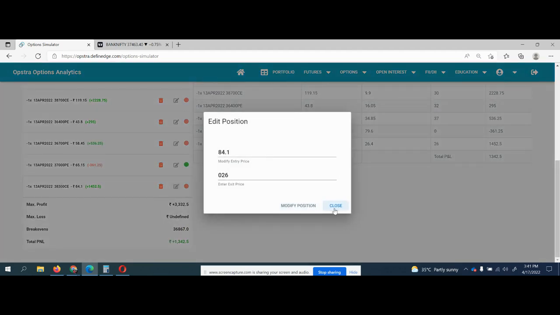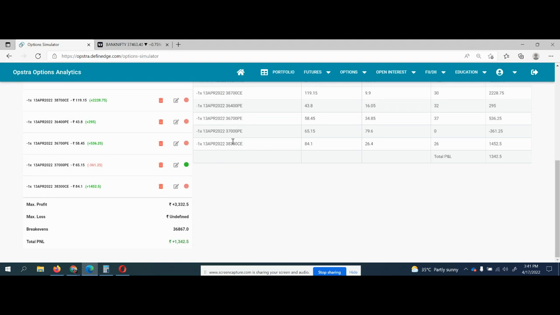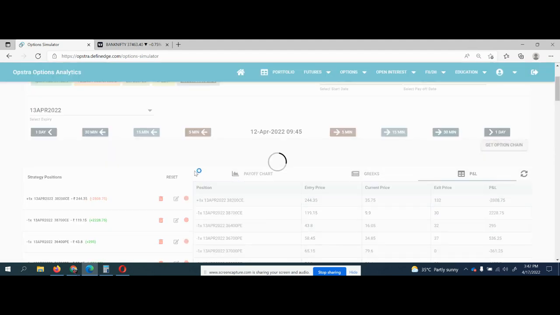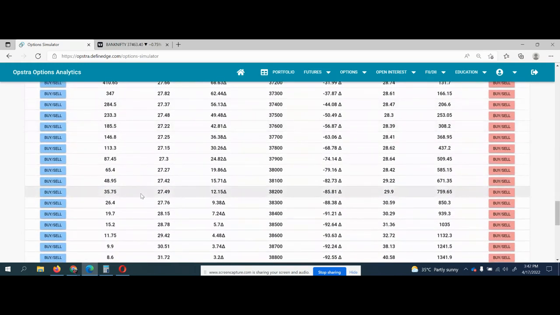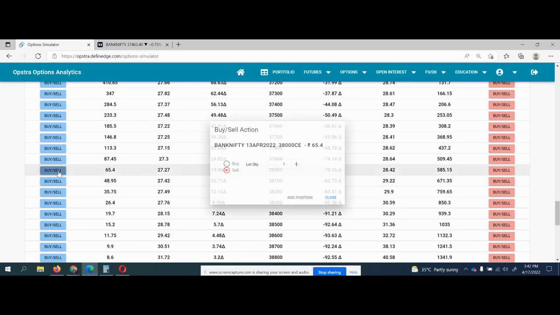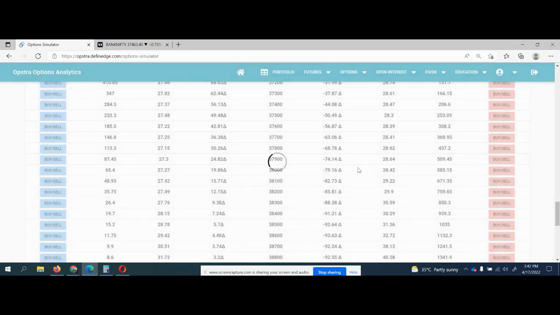26 we have squared off, and now I will sell a call worth 80 rupees premium, because my put premium is standing at 80 rupees. Okay, I have to sell one call at 80. We should not be going behind the premium, so I'll sell this call.